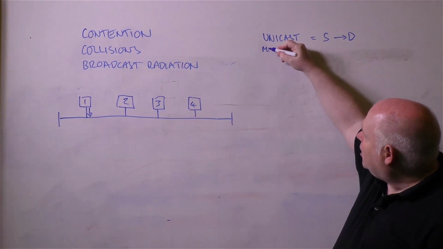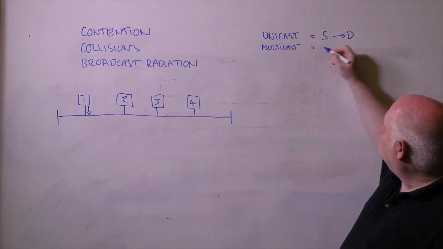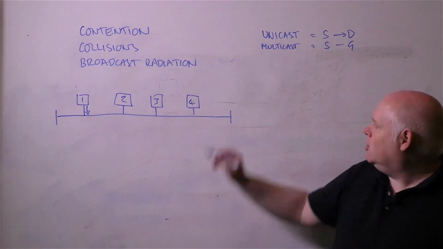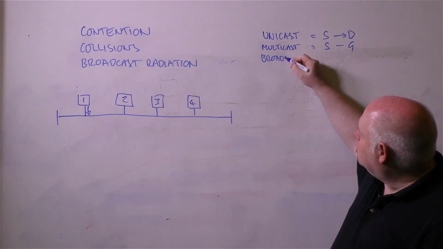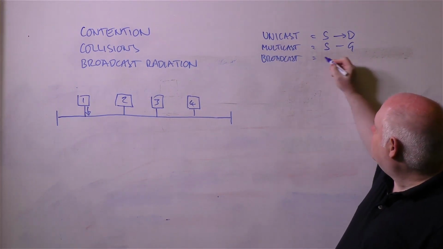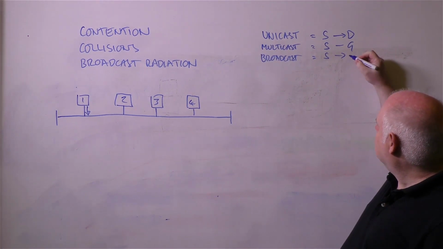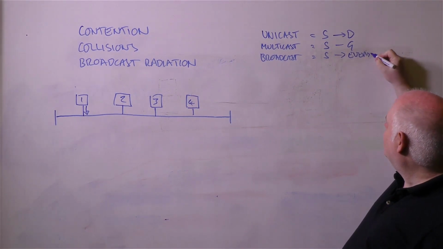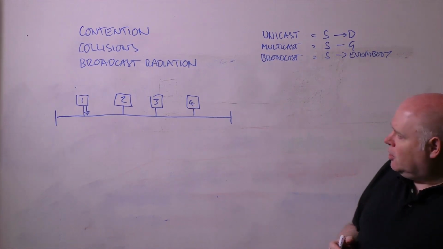They can be multicast, which is from one to a group of destinations, or they can be broadcast, which is from one source to everybody. I'm going to say everybody on a segment.